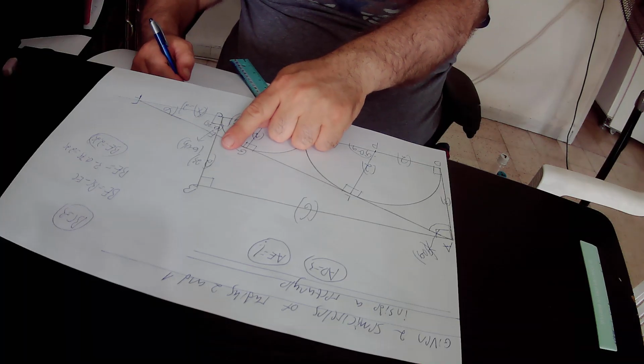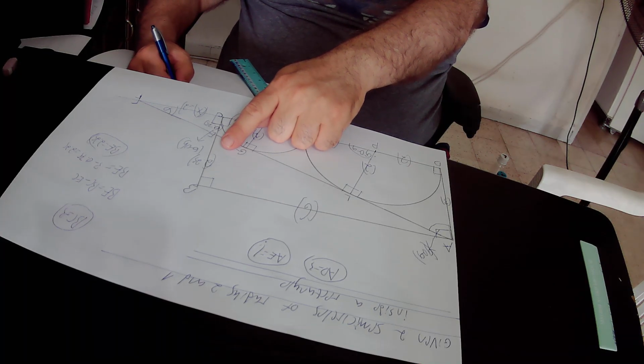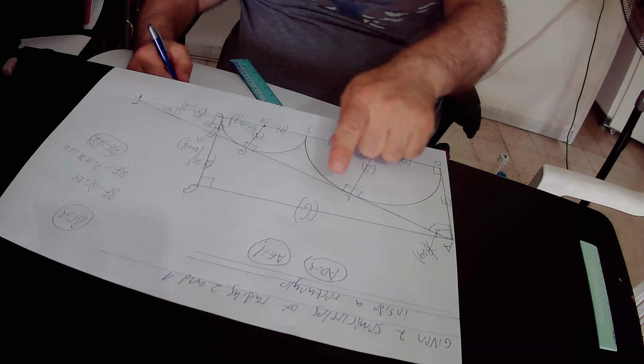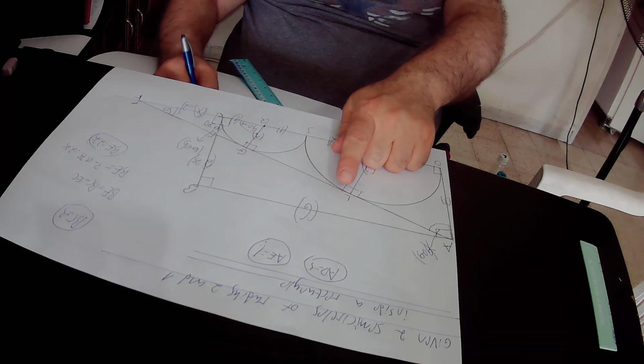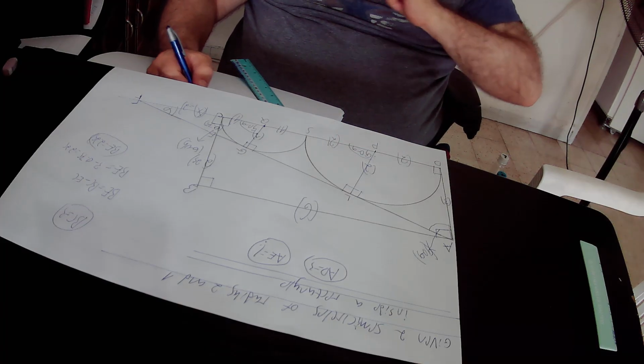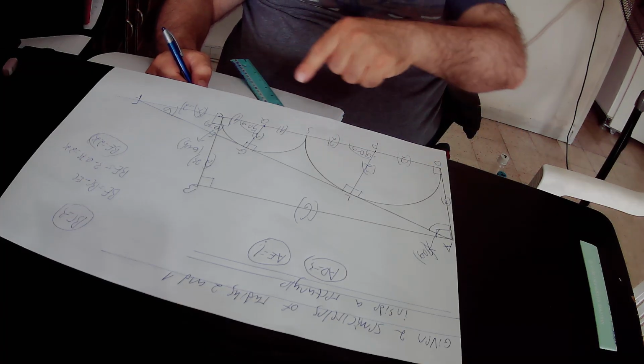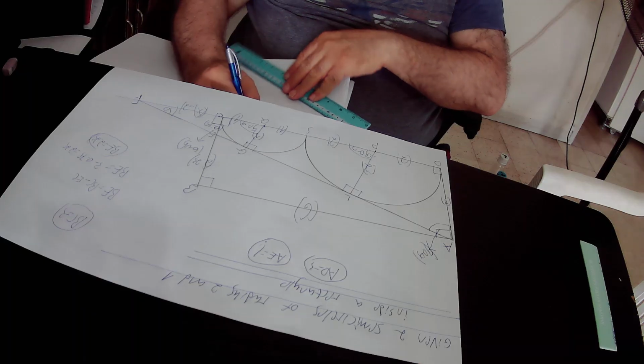Side BE equals 2.25, and we just right now found out that AB equals 6. The hypotenuse AE is unknown, so we leave it as it is.